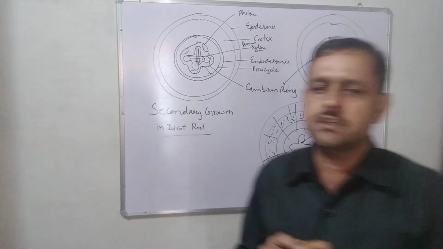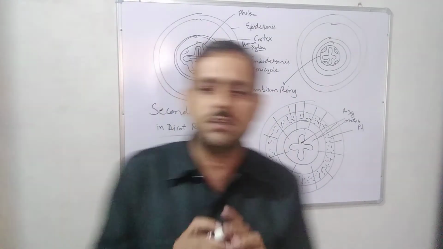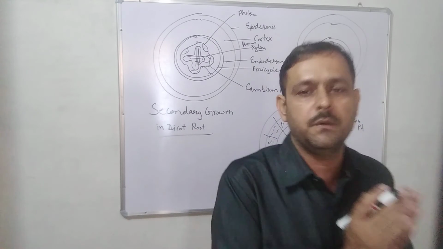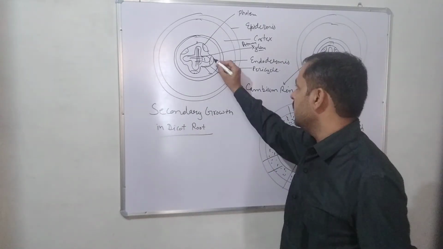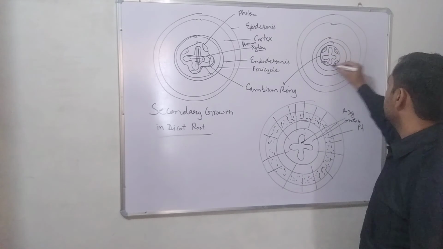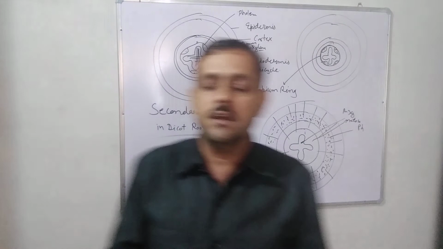The phloem and the protoxylem lead to formation of a circular cambium, and then the activity becomes equal. First of all, the unequal procambium becomes equal cambium, and then it starts dividing equally to make secondary growth.